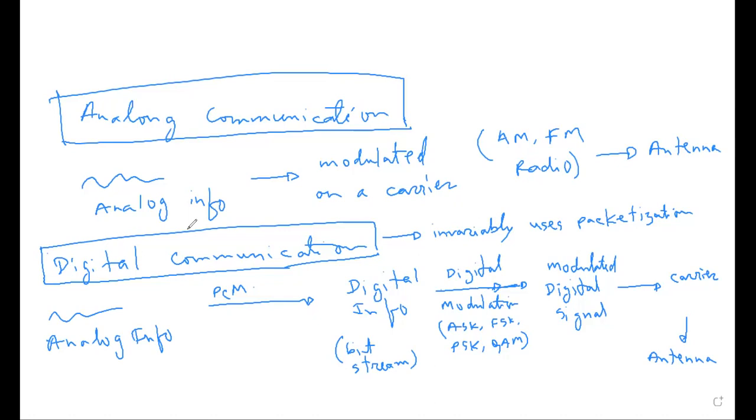Now we will discuss the relationship when you have digital communication, in this bit stream, you have the rate in bits per second. Bits per second is the unit for digital data rate.